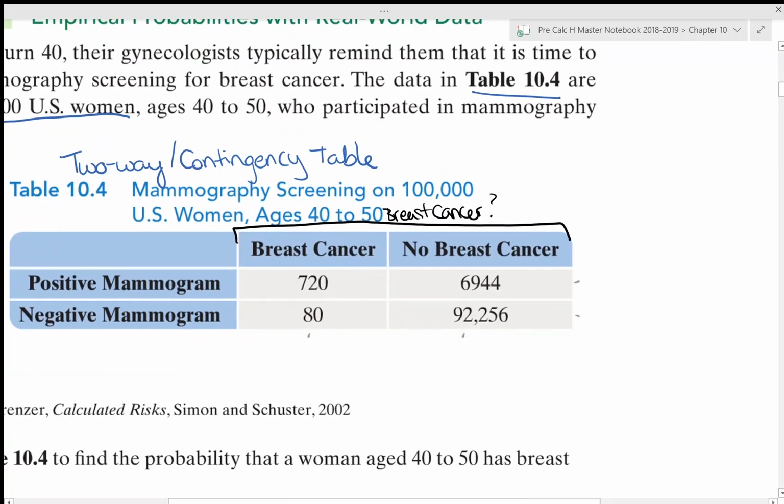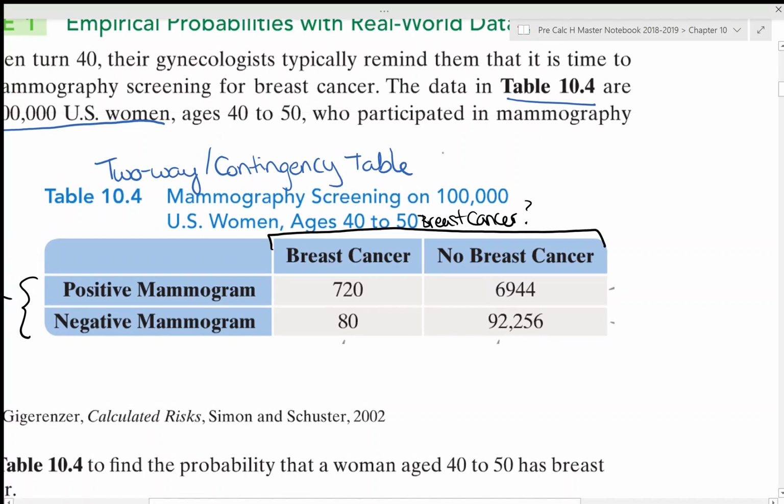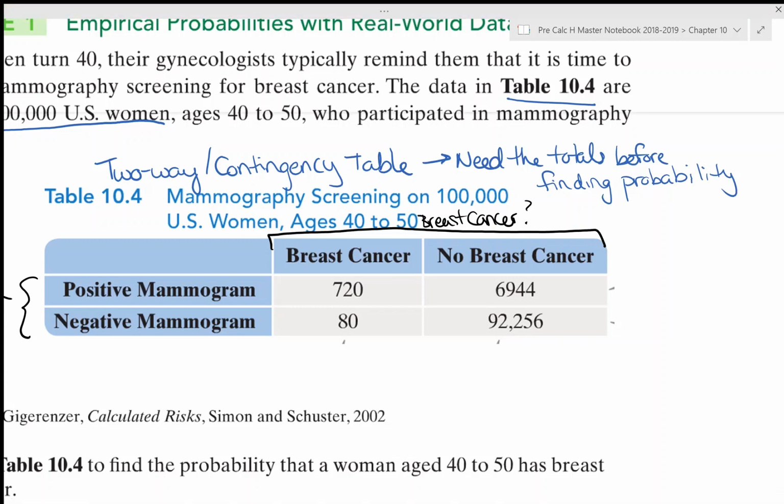Now, when you have two-way or contingency tables, I want to make sure you find the totals before finding probability. This table is missing its row totals and column totals, so I would just put them on the side like this when this happens.